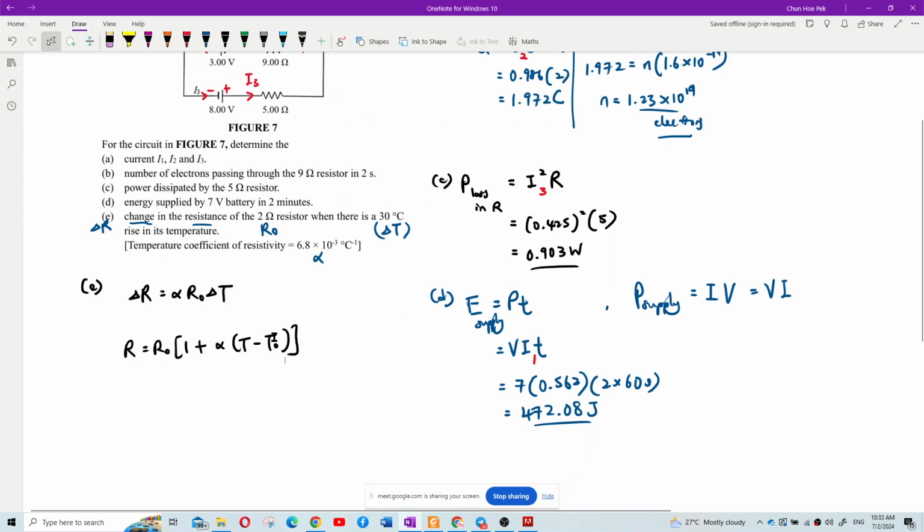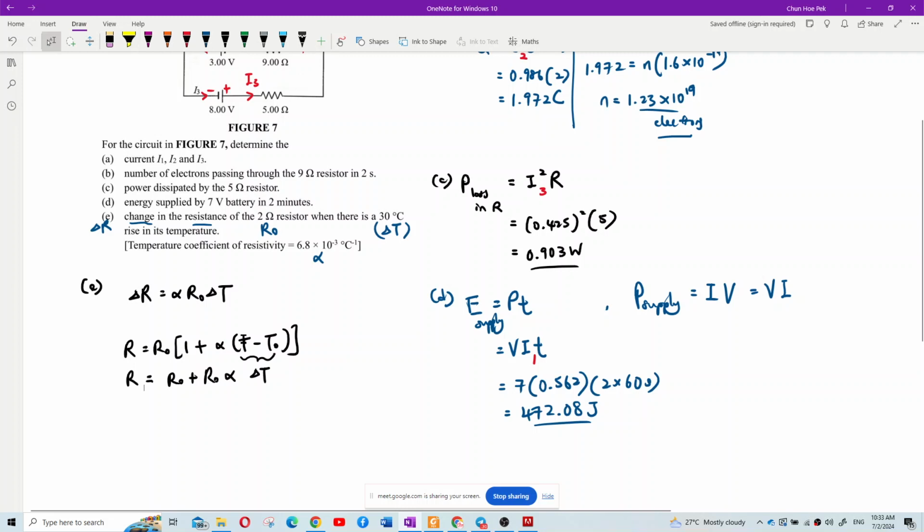Next, T minus T naught is actually delta T. So R equal to R naught multiplied into the bracket, expand this.